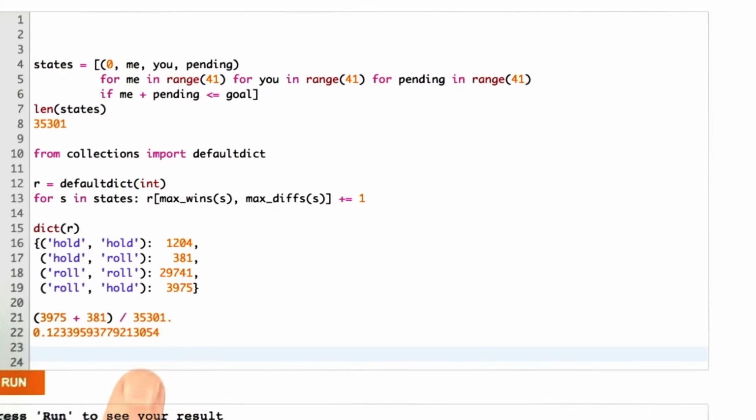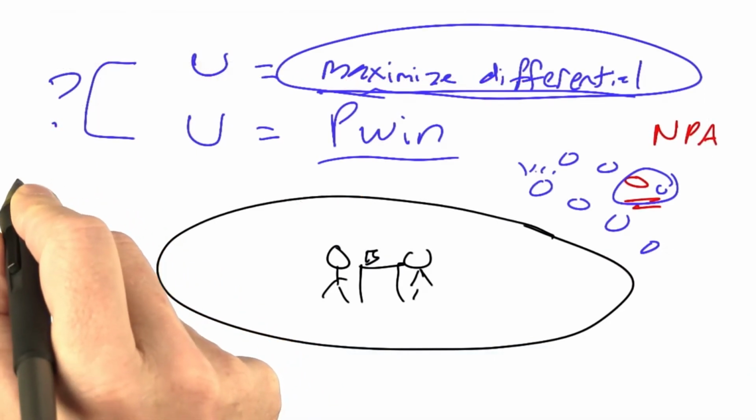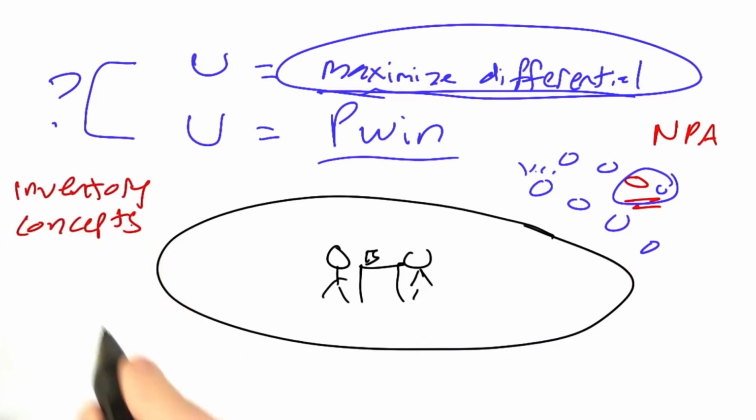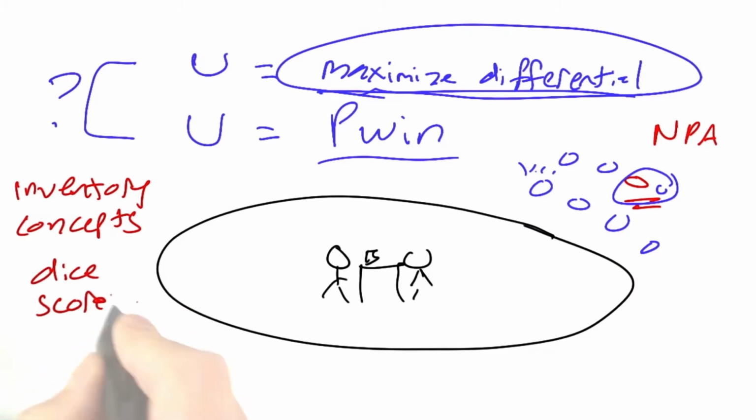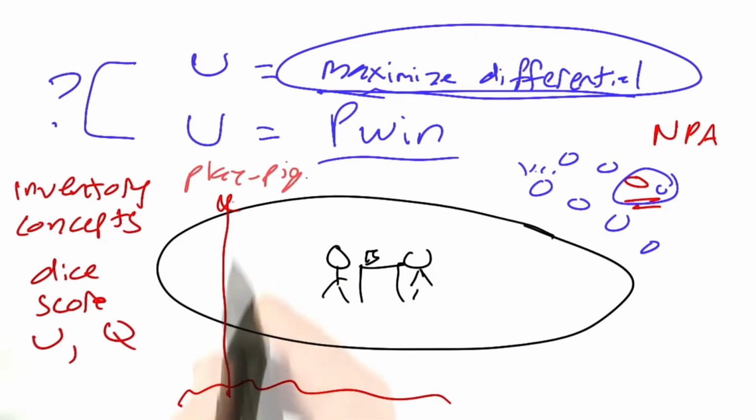But it's here that some of our design choices start to pay off. So remember, we always start our design with an inventory of concepts, and we had things like the dice and the score, and then we got into things like the utility function and the quality function. So we built all these up, and yes, we're building from the ground up, and yes, at the top we have a play pig function, and we can still call that function, but at the bottom we have all these useful tools.